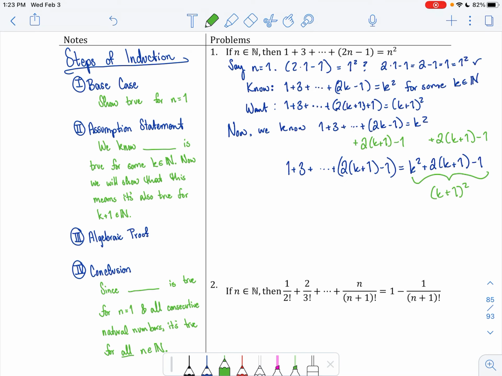So that's what we want it to be. And we can do our algebra to show, well, this is k squared plus 2k plus 2 minus 1, which is equal to k squared plus 2k plus 1, which is indeed k plus 1 squared, which is what we wanted here. And our sum is what we wanted over there.